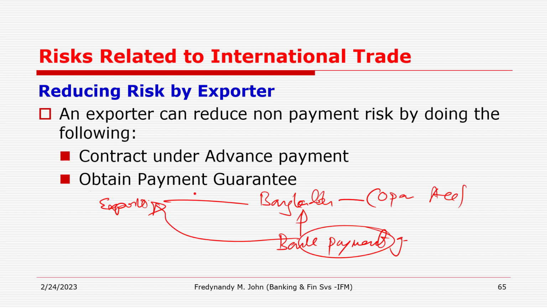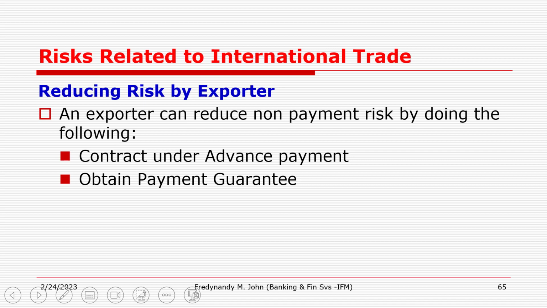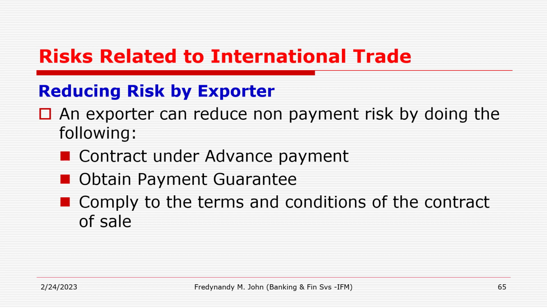Therefore, again, you can see here that you have covered yourself against the risk of default. Just in case the Bangladesh importer does not pay, the bank will pay you. And then the bank is the one that will deal with that particular importer.